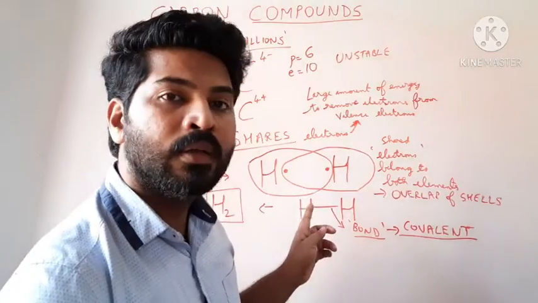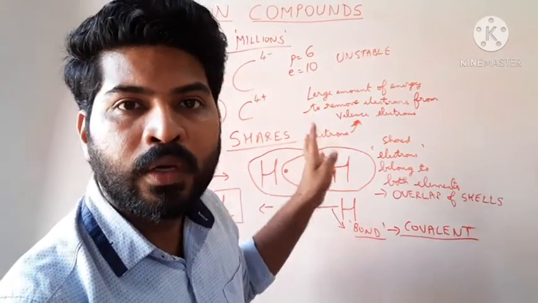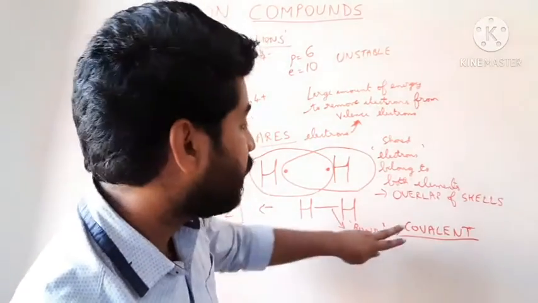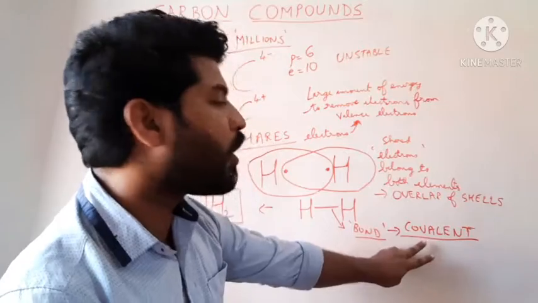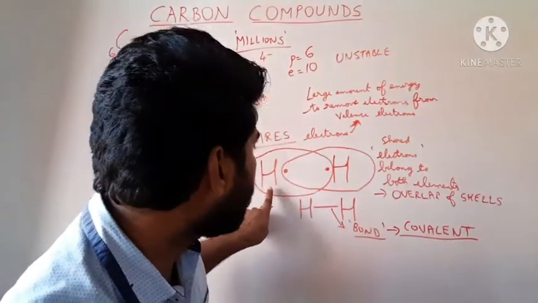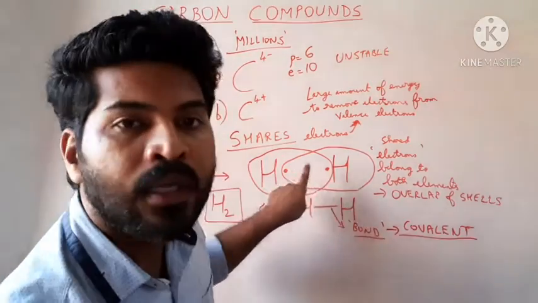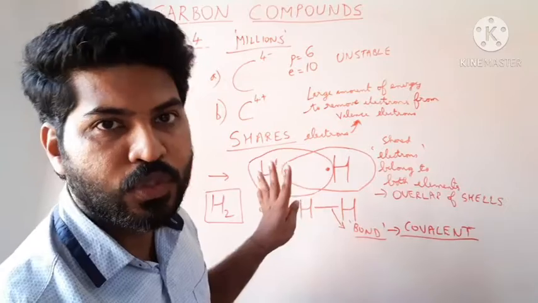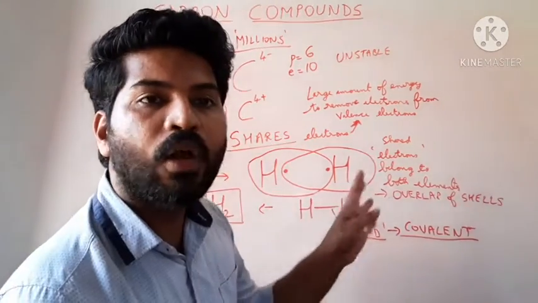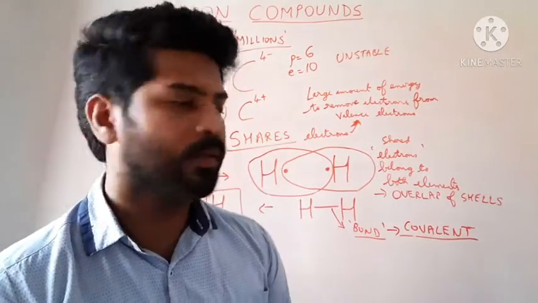In an ionic bond, the bond is formed between a cation and an anion due to transfer of electrons, due to gain and loss of electrons. Whereas here, a covalent bond is a type of bond formed between two atoms due to sharing of their valence electrons. So the bond formed between two atoms due to sharing of an electron pair is called a covalent bond.